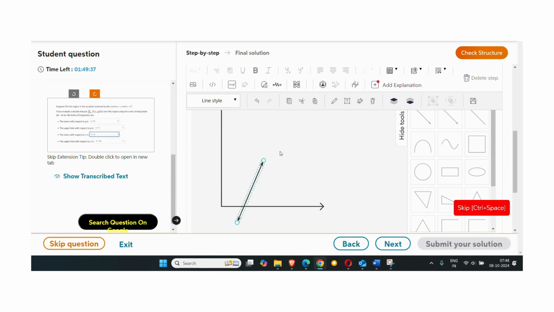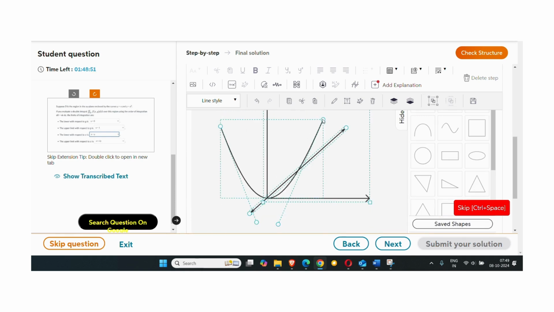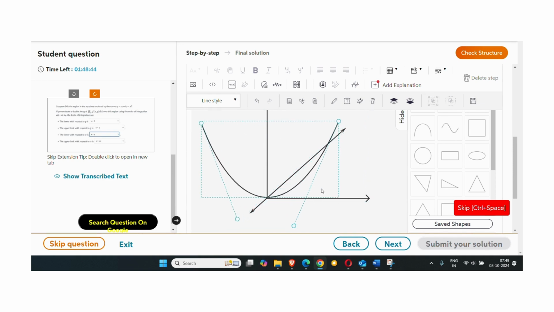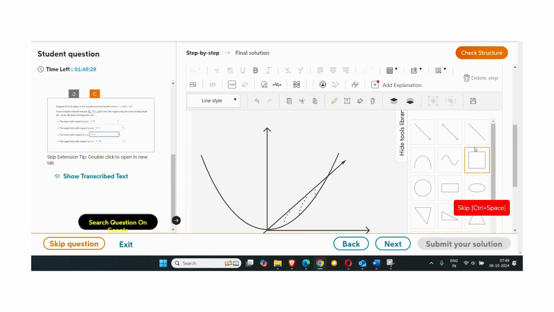The graph for y equal to x is like this, and y is equal to x square, it goes from this side. Okay, this looks better. Now this is the region where we need to do the integration of the double integral, right? Okay, now let's take the strip.